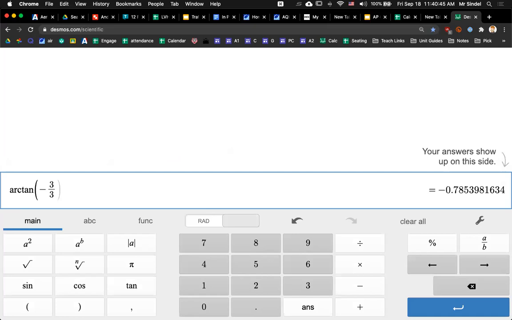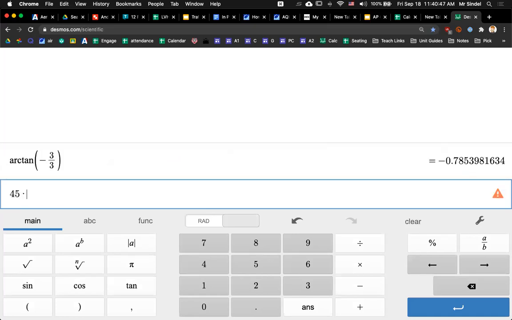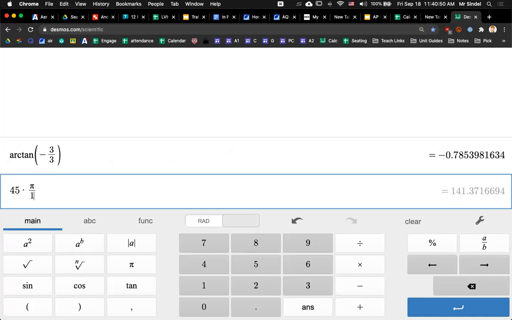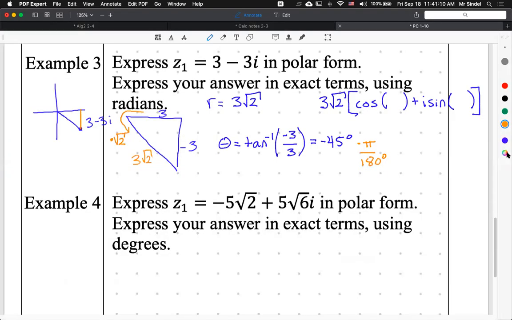Now what is 45 times pi over 180 degrees? No, it is pi over 180. And notice that it's the exact same answer, so we verified it works. Get rid of the pi, make it a 1. It's 0.25. So it's 0.25 pi, or pi over 4. And that is our argument here and here.